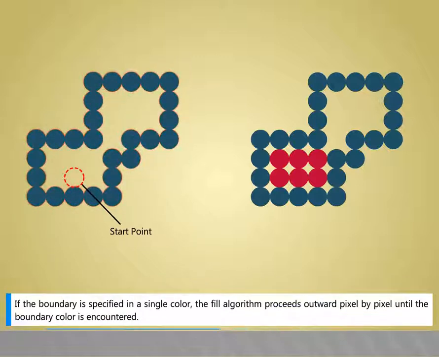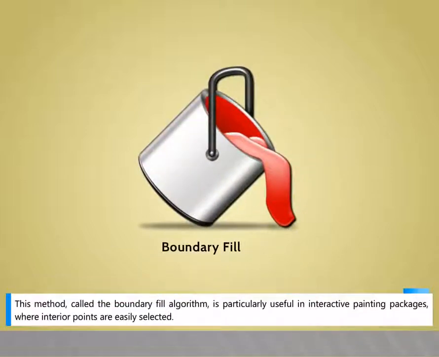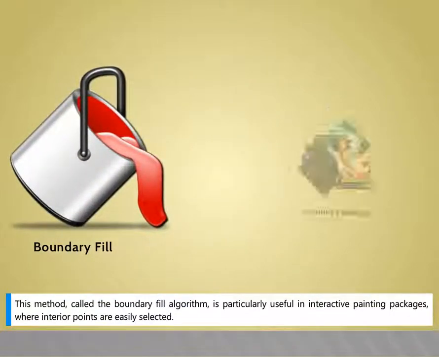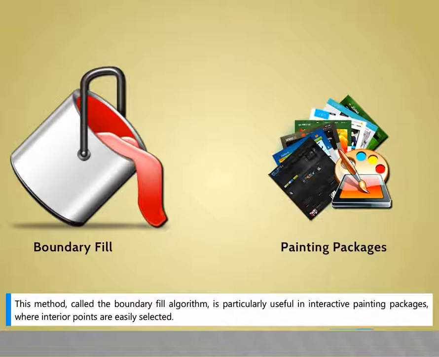If the boundary is specified in a single color, the fill algorithm proceeds outward pixel by pixel until the boundary color is encountered. This method, called the boundary fill algorithm, is particularly useful in interactive painting packages, where interior points are easily selected.